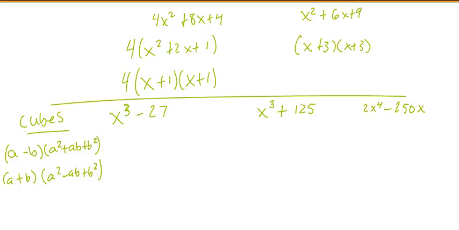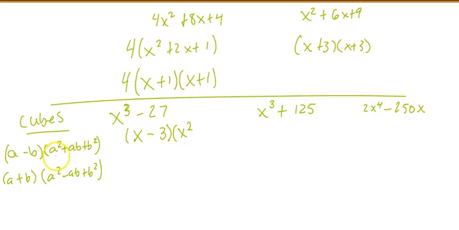Okay, so here I'm first going to take the cube root of each piece of this. I see that I have cubes going on, so I know I can use my difference of cubes. So the cube root of this gives me x. The cube root of 27, keep the sign, gives me 3. Now, how do I go from x back to x cubed? What do I need to multiply by? Well, I need to multiply by x squared.